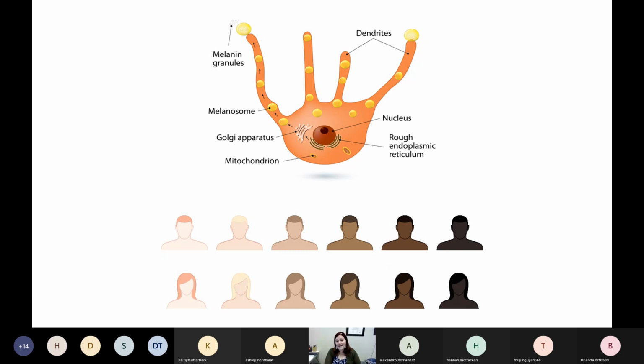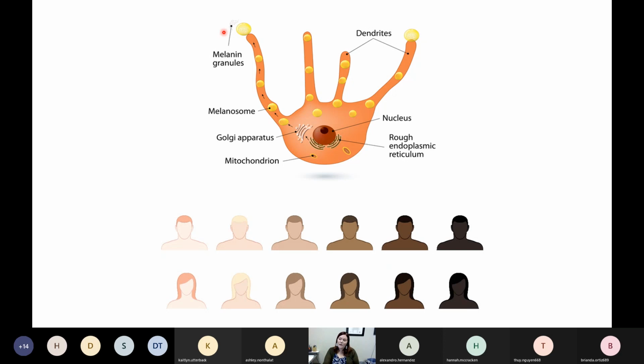So when we go to a tanning bed, when we lay out next to the pool, when we're chilling out at the beach without our sunscreen, what we're doing on a physiology level is we're exposing our skin to UV radiation. When we expose our skin to UV radiation, the melanocytes say, oh, we are not safe right now. Let's make some melanin. Let's spit it out to cover everybody up, to keep everybody safe.